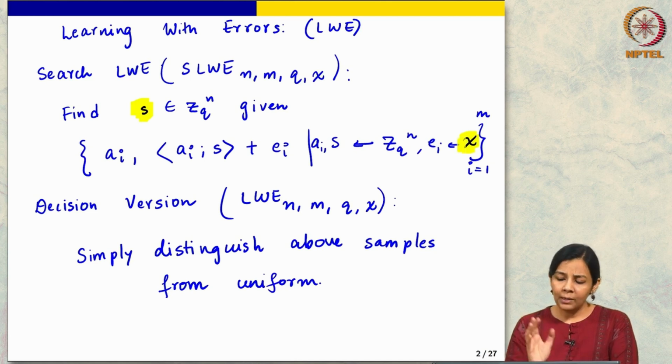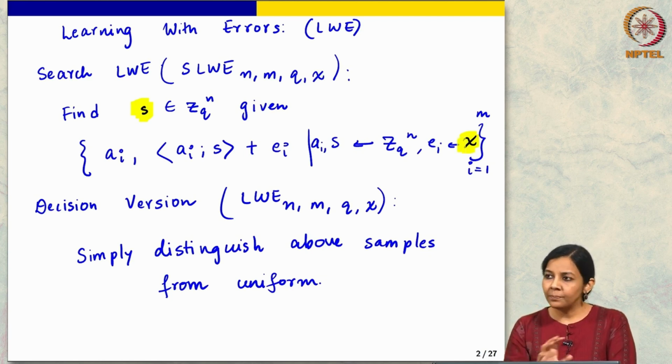Just think of a Gaussian distribution, but discretized over integer points. Okay. So, this is just for your knowledge, but we will not really use any properties of it in what we do in class, except the fact that with overwhelming probability we expect the norm of this to be bounded.